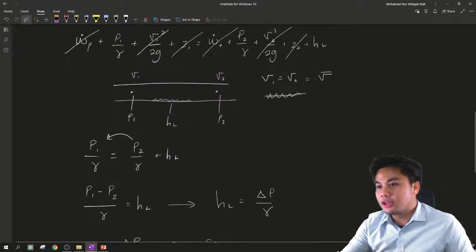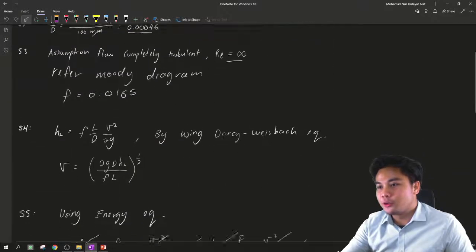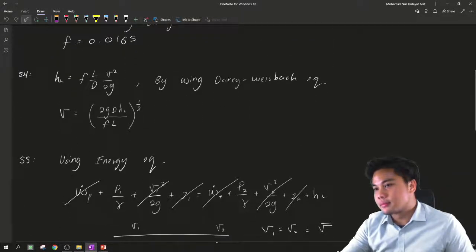So from this heat loss, you can use the Darcy-Weisbach equation, which is V equal to 2G D HL over FL, the power of half.